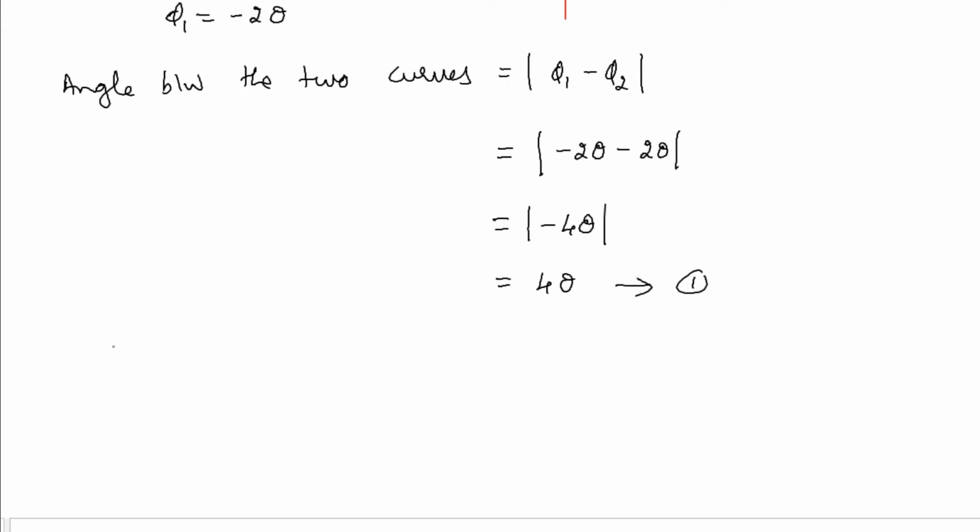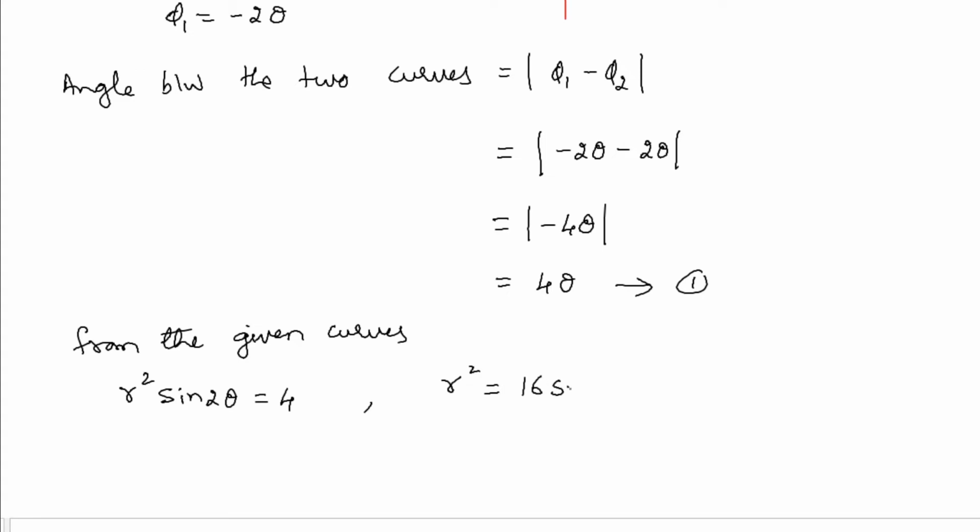From the given curves, the first curve is r square sine of 2 theta equals 4. The second curve is r square equals 16 sine 2 theta.